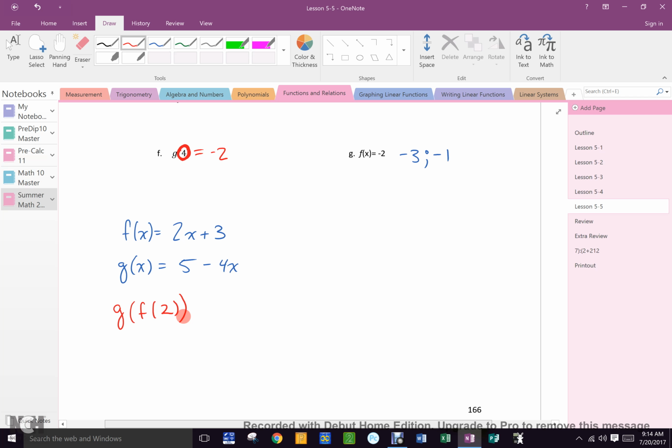Oh, I see. So you figure out. Yes, exactly. Okay. It looks confusing, but it isn't. What's the x value? You have an x value.